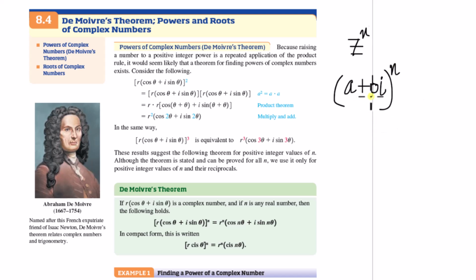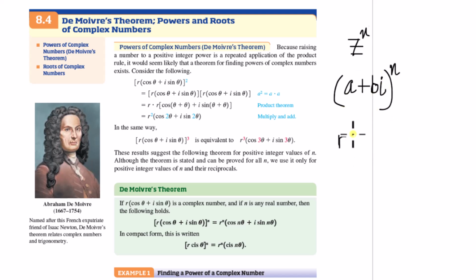And so now from here, if we want to determine this, we could convert this complex number to polar form. Even in practice, if you started with a complex number in rectangular form, that would be the most common case, and you want to find some nth power of it, what you would do is first convert it to polar form.